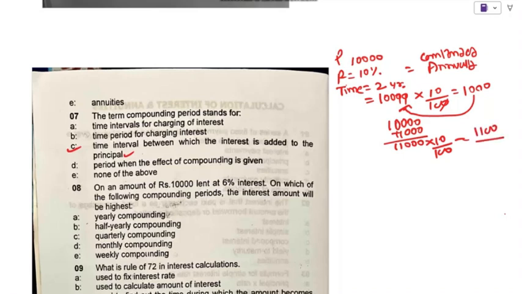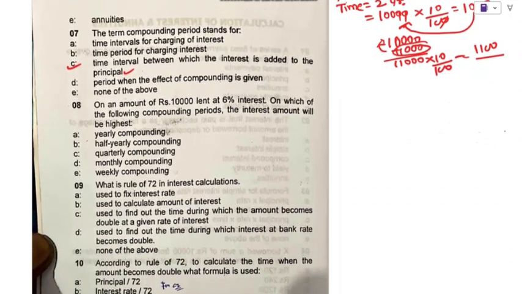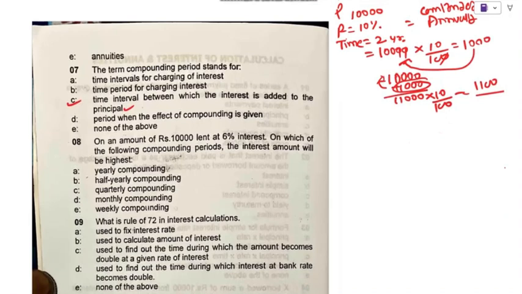We can see that annually this interest amount is added back to the principal. So, compounding period is the time interval between which the interest is added to the principal. And we also can see that by compounding, the interest amount is increasing.